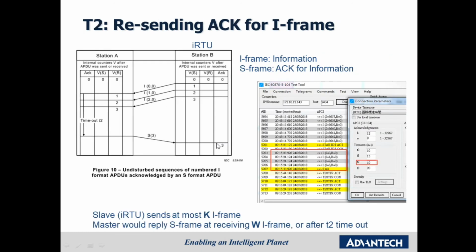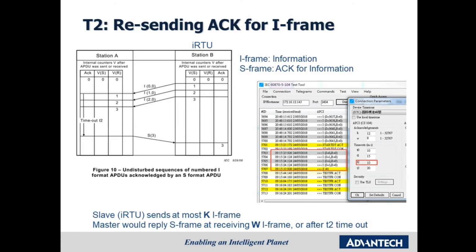The T2 is the timeout for resending ACK for the I frame. I frame means the information frame. So if there are a lot of I frames, it will count for the T2 timeout, and only after the T2 timeout will the master reply with an S frame, after receiving W I frames.